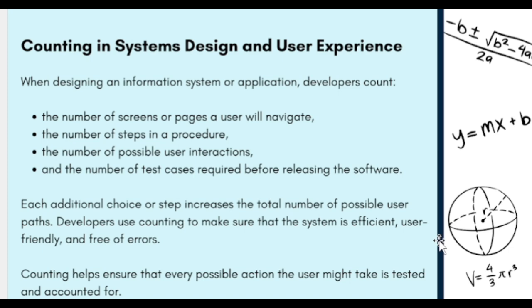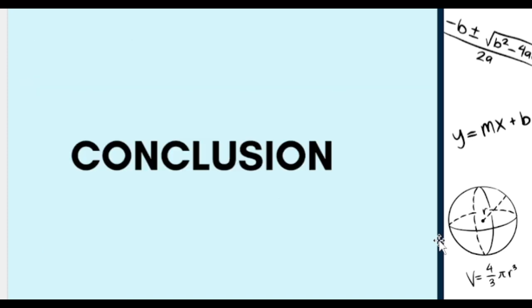Conclusion. To summarize everything, the fundamentals of counting are deeply embedded in information technology. They influence how programmers write code, how engineers design networks, how cybersecurity experts protect data, how analysts design user flows, and how databases store and connect information.